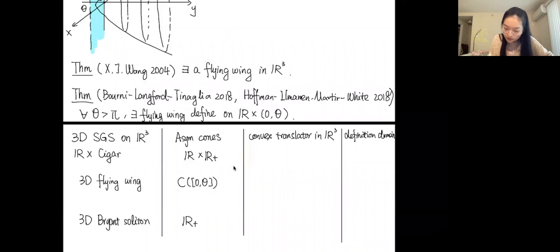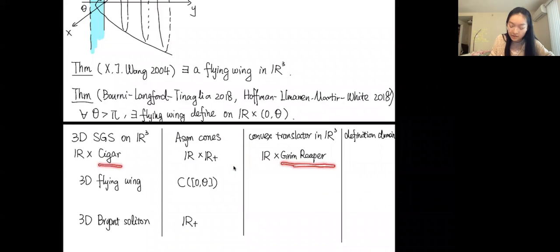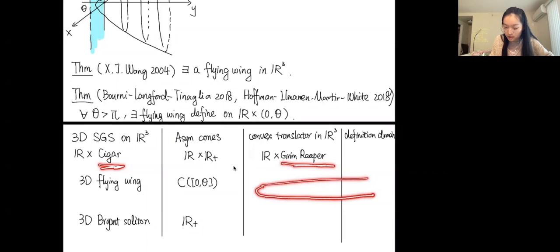And then for the mean curvature flow translating graphs, we have R cross Grim Reaper. The Grim Reaper is the analog of the cigar soliton. The Grim Reaper is a curve shortening flow solution. That is a picture of the Grim Reaper, an infinite curve.